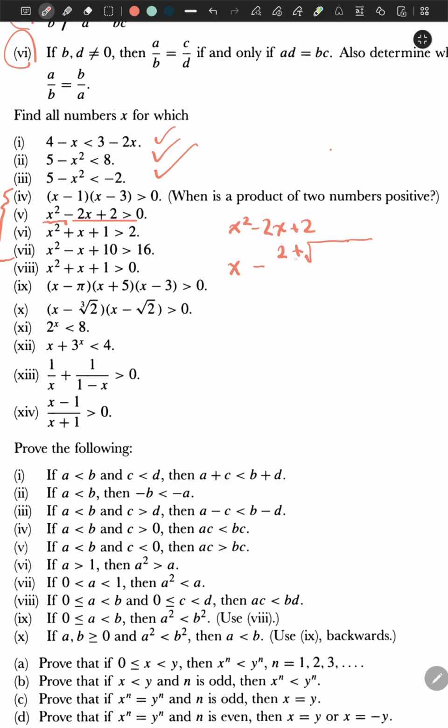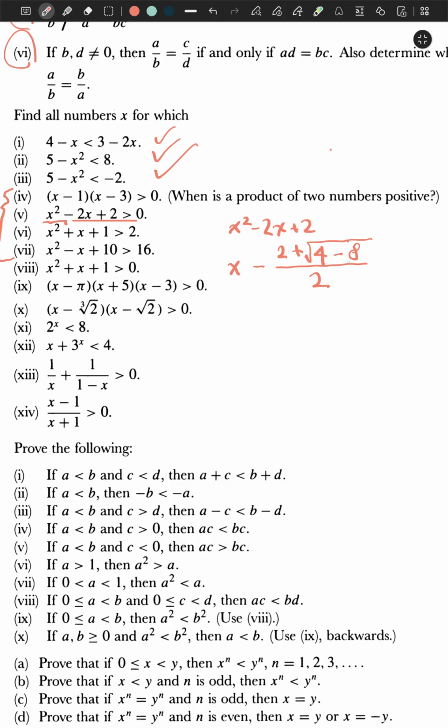Okay, by the quadratic formula, it's negative b plus or minus the square root of b² − 4ac, which is 4 − 8, over 2a, which is 2.